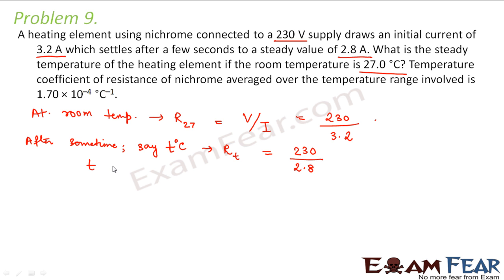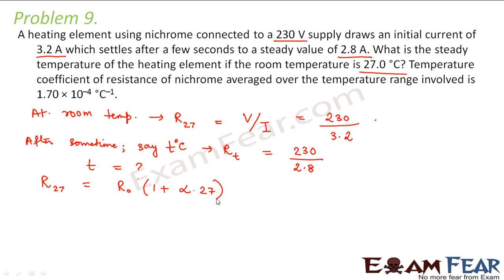Now, we have to calculate this temperature T, because the question asks what is the steady temperature of the heating element if the room temperature is this much. So, you have to calculate this value of T. Now, we will use the same formula, that is R_T equals R naught into (1 plus alpha T).